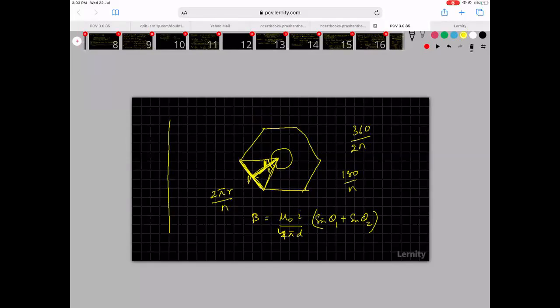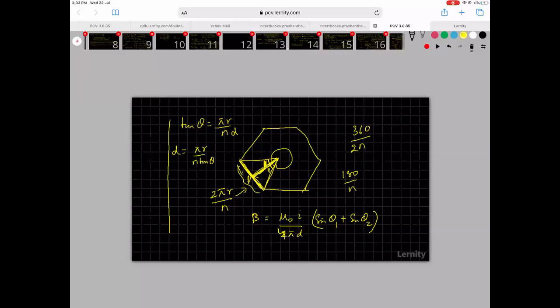So now here tan theta will become equal to pi r by n over d. This full thing from here to here is 2 pi r, so half of it will be pi r by n. So I want d equal to pi r by n tan theta, right? So let me substitute all that.